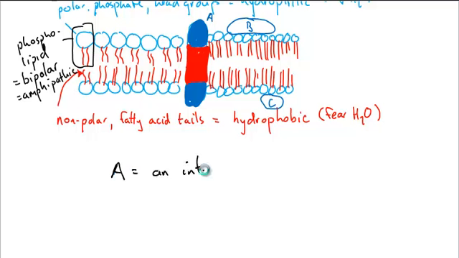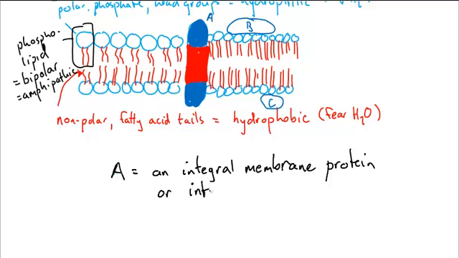A is an integral membrane, or intrinsic, protein. So use both words. What that means is that it spans the plasma membrane.